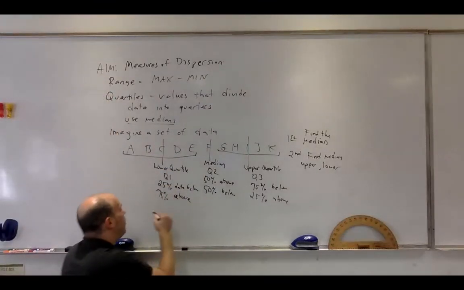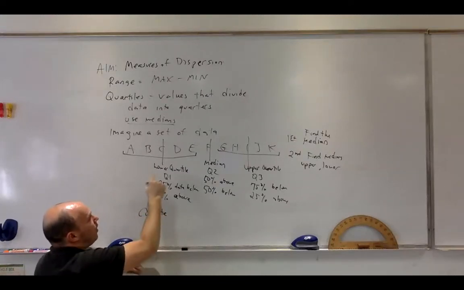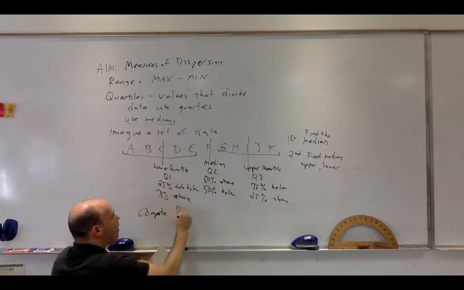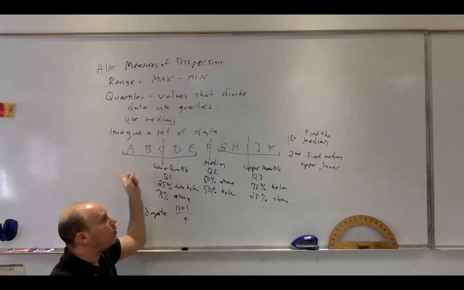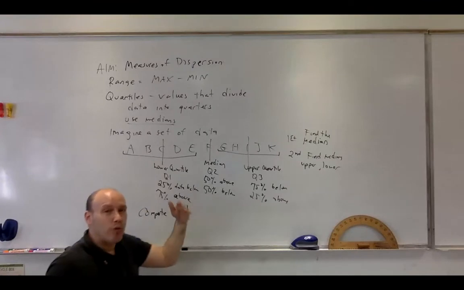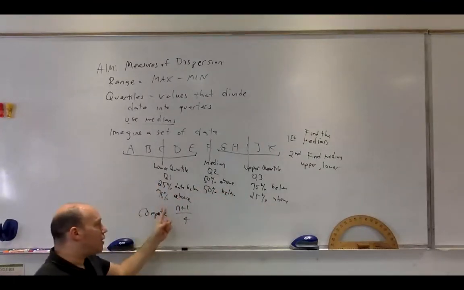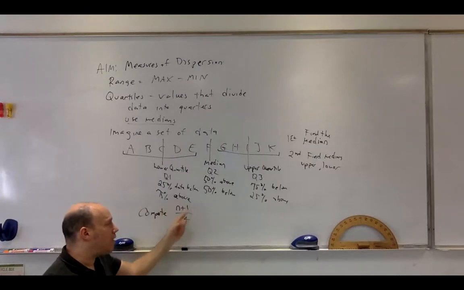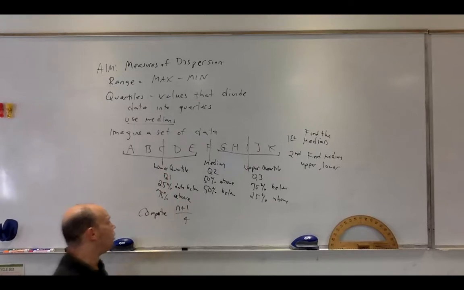So once again, for the computer, we know that this is n plus 1 over 4. So you take the total number. Remember in the last lesson, we were looking for the n. How many pieces of data did you collect? Take that, add 1, and divide by 4. That place is the lower quartile.